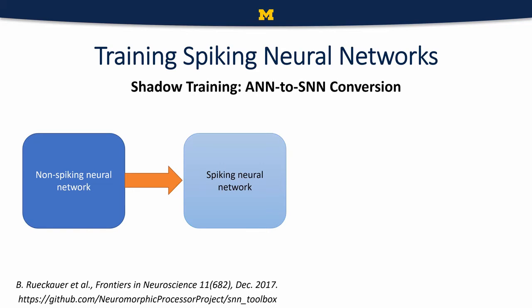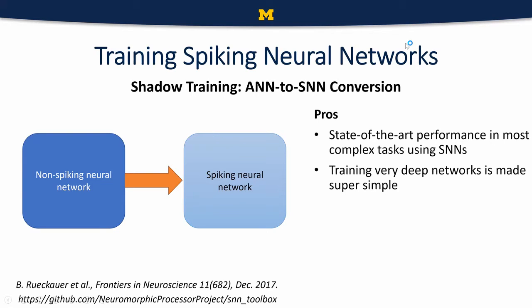In general, the activations are referred to as the firing rate of the neurons. Some nice advantages of this are that we're seeing state-of-the-art performance in most of the complex tasks that use spiking neural networks, right? Training very deep networks is made super simple as well, so that's quite nice.